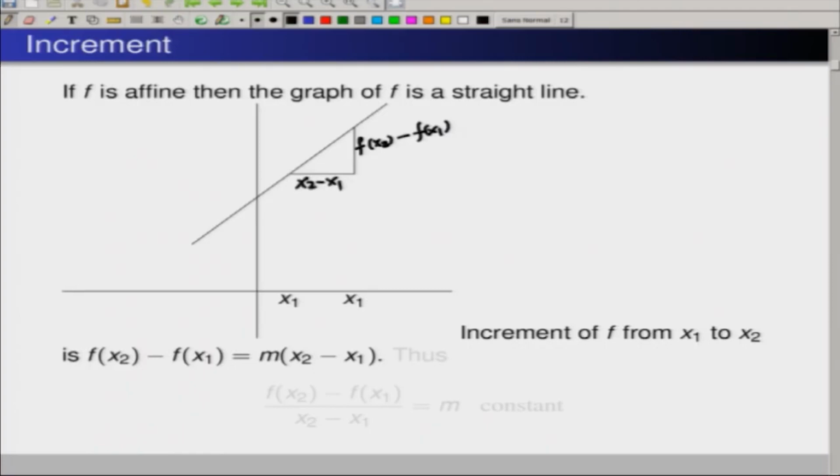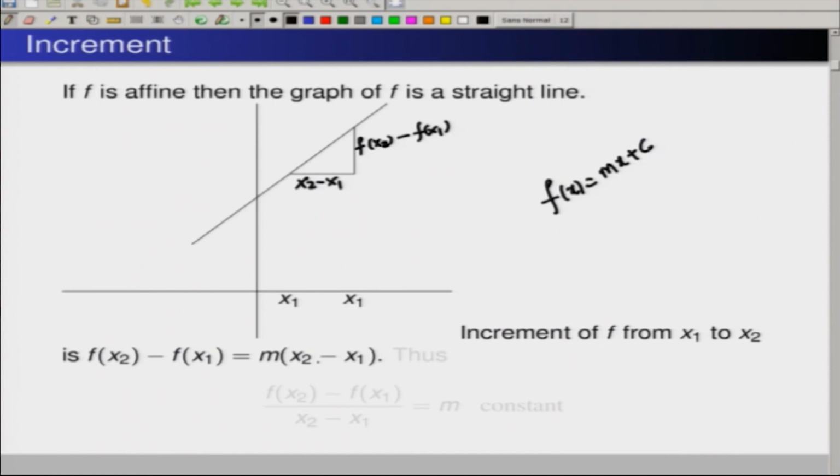Then, we have taken f equal to m x plus c. Therefore, f of x 2 minus f of x 1 is going to be m times x 2 minus x 1.